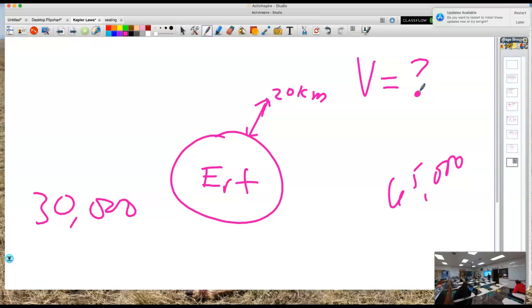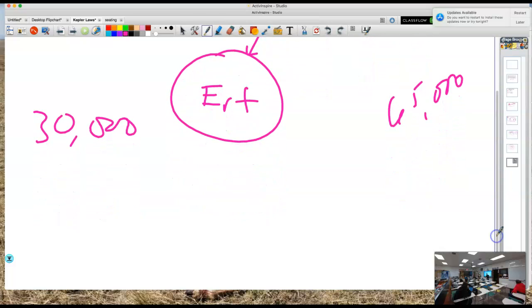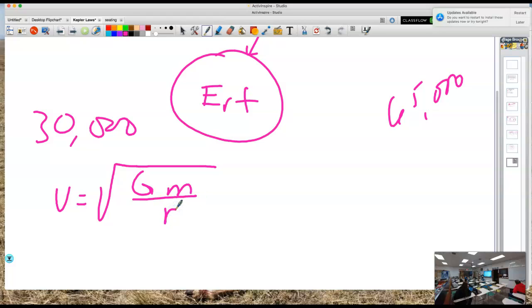So what was that formula? The square root of G M divided by R, right? Okay? G, unique number. It's what? It's gravity. What do you mean it's gravity? Close.